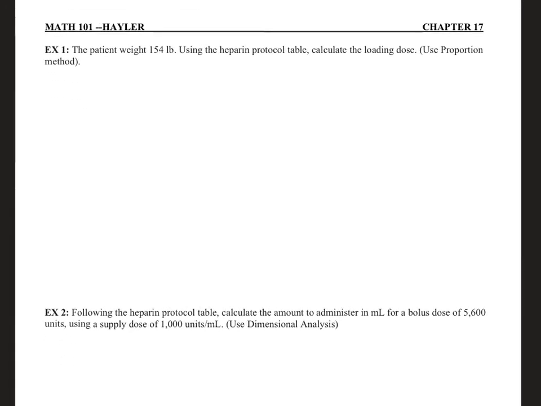So first thing we're going to do is translate the patient's weight from pounds to kilograms, because remember, the table is in terms of kilograms. As usual, hopefully this one is already seared into your brain memory right now: 1 kilogram is the same as 2.2 pounds.